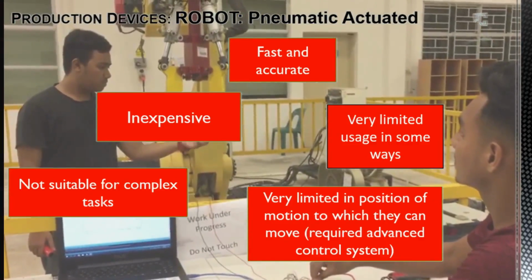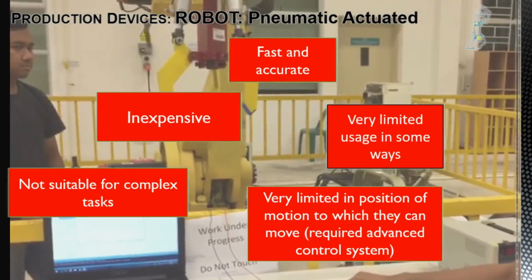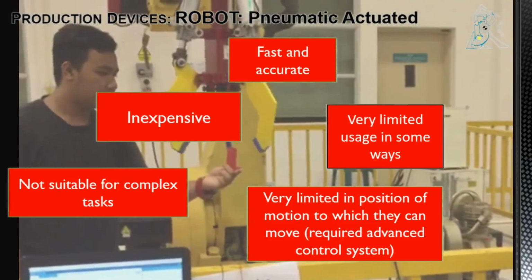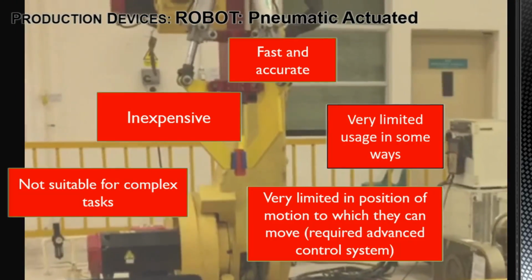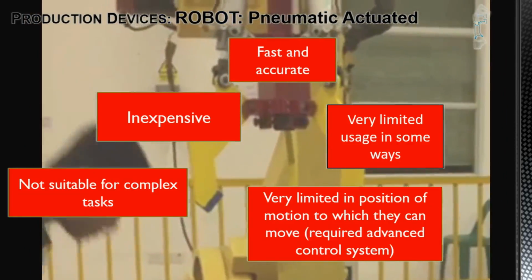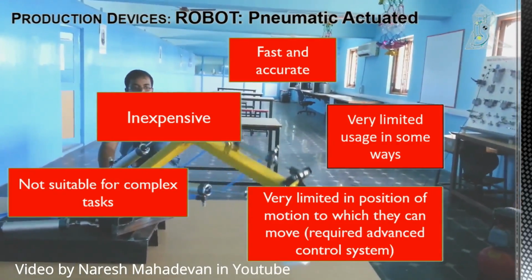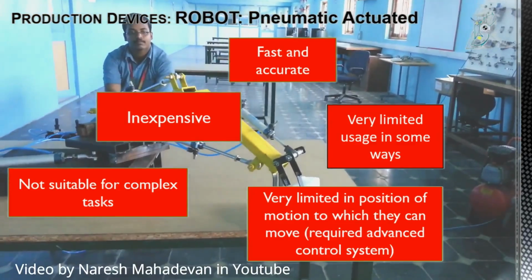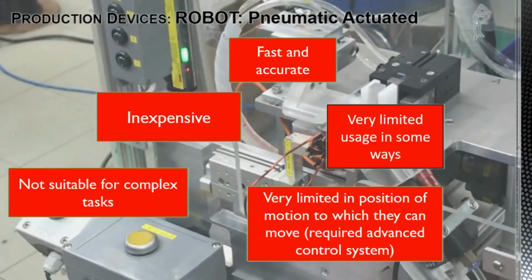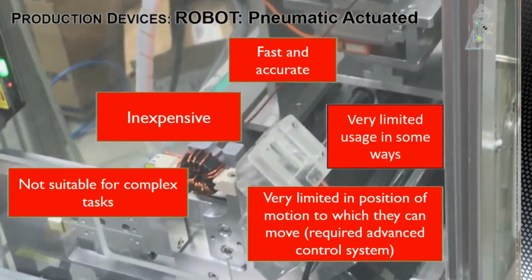This type of robot is not suitable for complex tasks and is very limited in positioning, unless the system is set up using an advanced control system like proportional valve units or servo pneumatic systems, like electro-pneumatic systems.